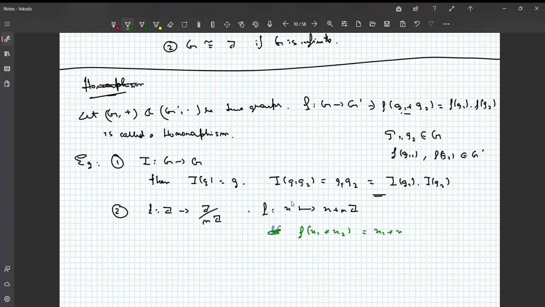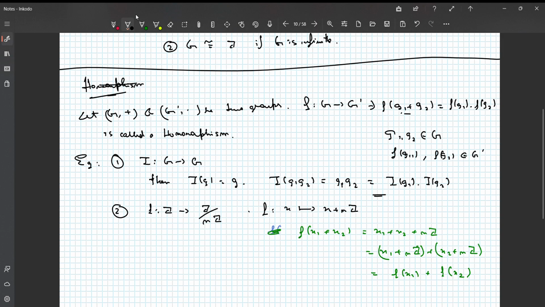This is x1 plus x2 plus nZ, but this can be written as (x1 plus nZ) plus (x2 plus nZ), by the operation induced on the quotient group Z mod nZ. And x1 plus nZ is nothing but F of x1, and x2 plus nZ is nothing but F of x2. So that's a well-defined homomorphism, right?